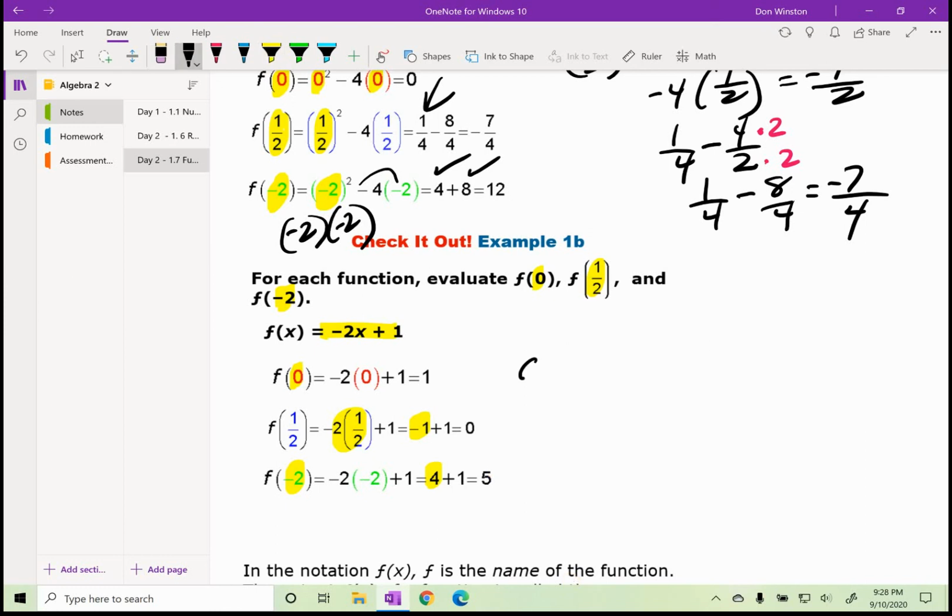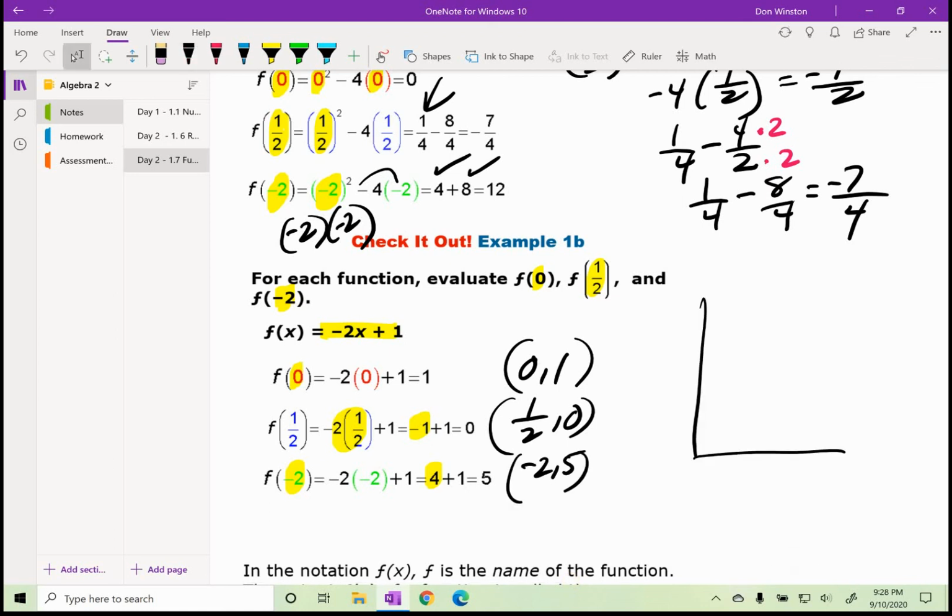Ordered pairs: (0, 1), (1/2, 0), and (-2, 5). We'll get into graphing those in a second, but if I were to graph that, x and y, when x is 0, I get y is 1.